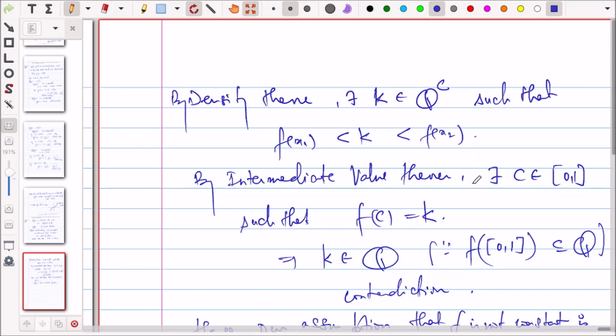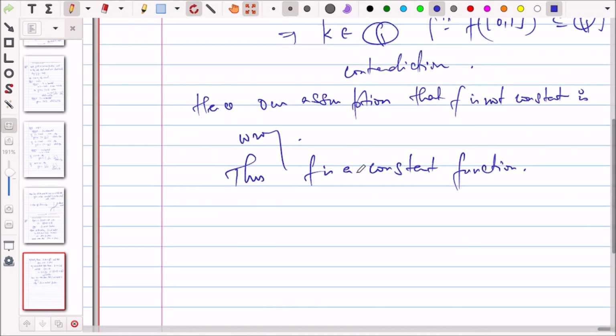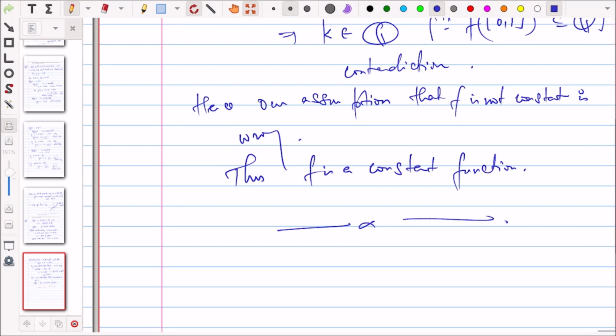Then by the intermediate value theorem you will get a point at which k is equal to f(c). Now k being rational and f(c) being irrational will create a contradiction, and hence you will arrive at the conclusion that f is a constant function. So in either case f is a constant function, and we have to use the intermediate value theorem in this. So this completes our question number 17.